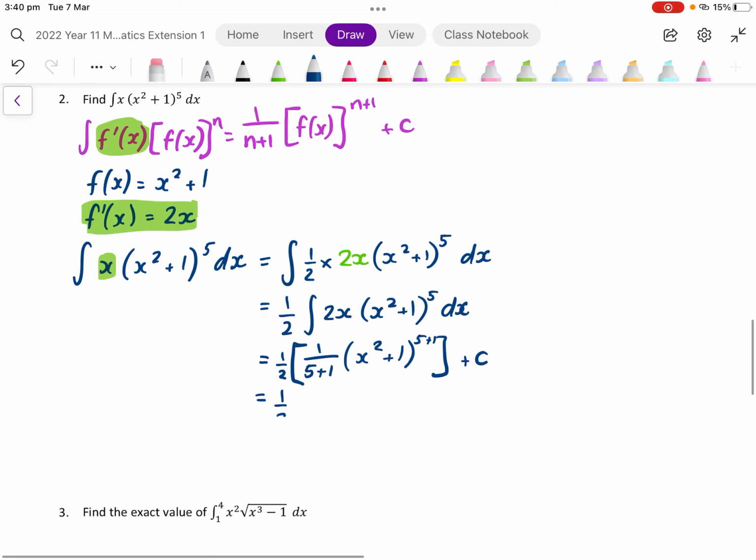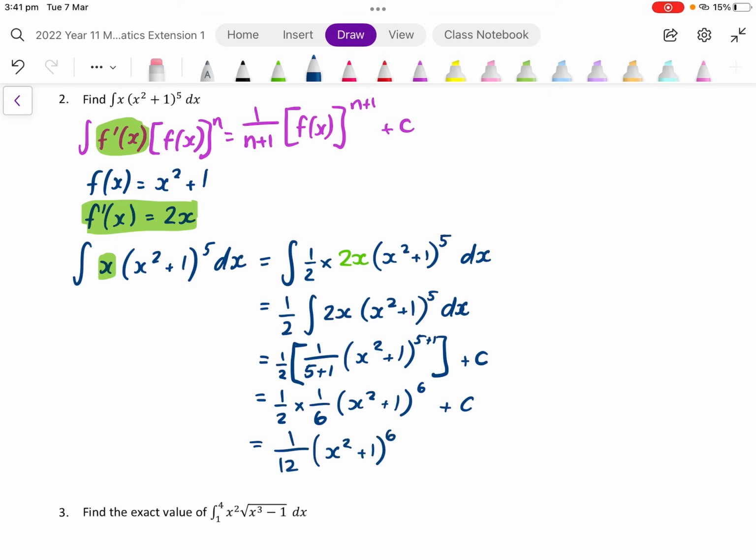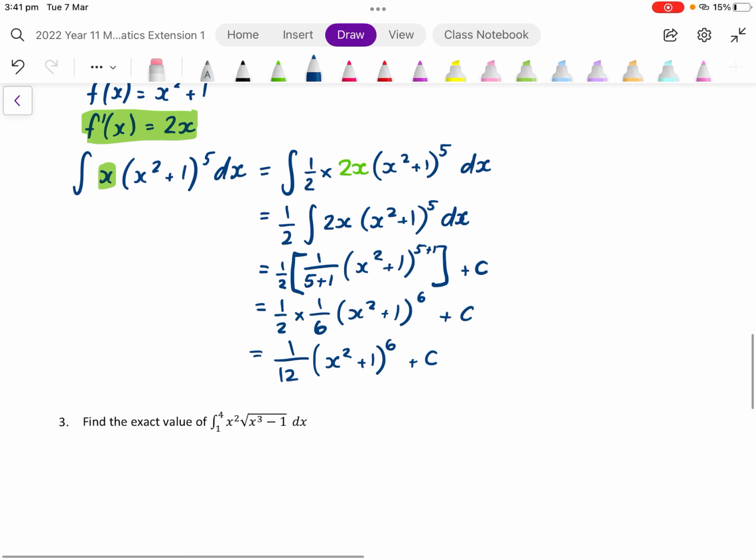So this is a half times 1 over 6, lots of (x squared plus 1) to the power of 6 plus c. So we have a half times a sixth, which is a 12th, lots of (x squared plus 1) to the power of 6 plus c.